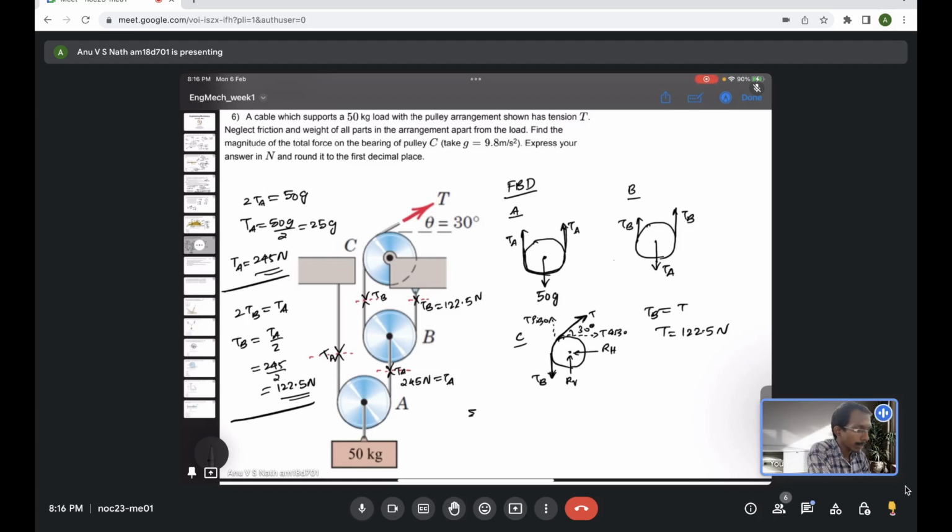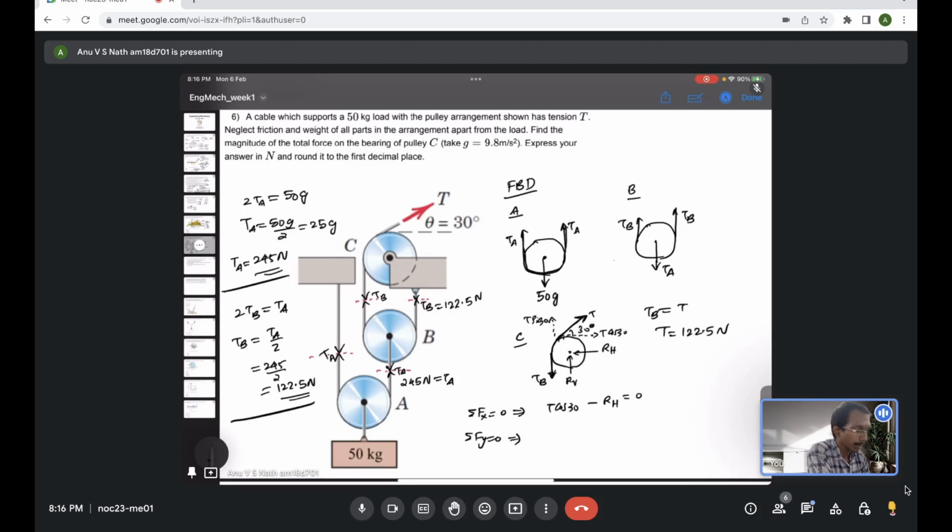Now sigma horizontal forces equal to 0 for equilibrium in pulley C. We will find that T cos 30 is in the positive x direction, minus RH in the negative x direction, so they should balance to 0.